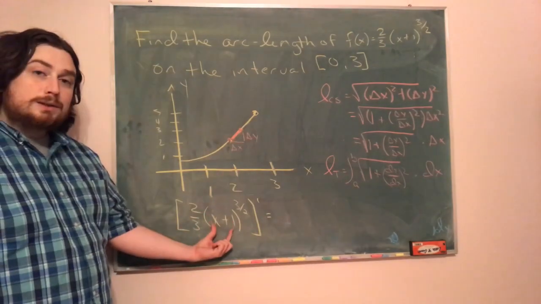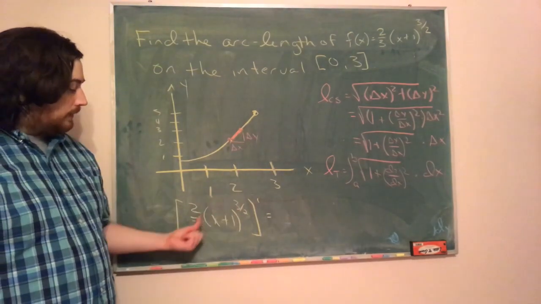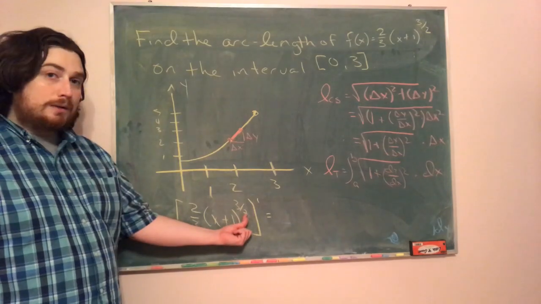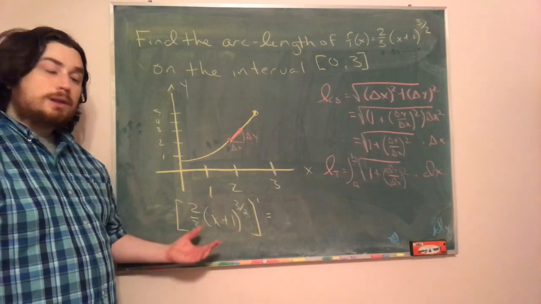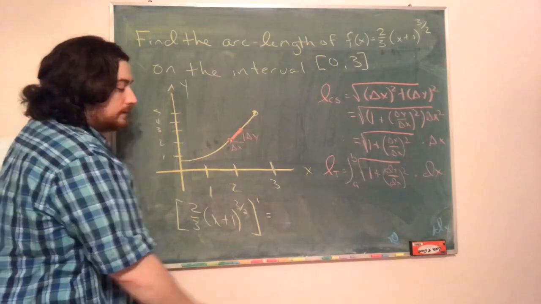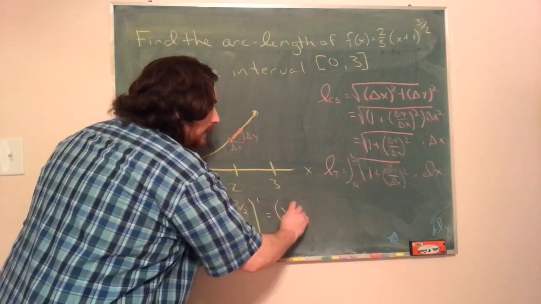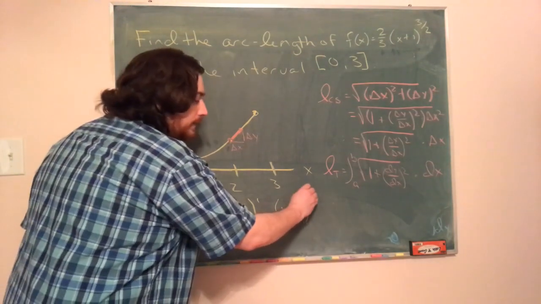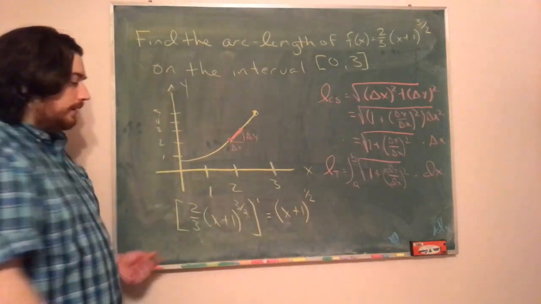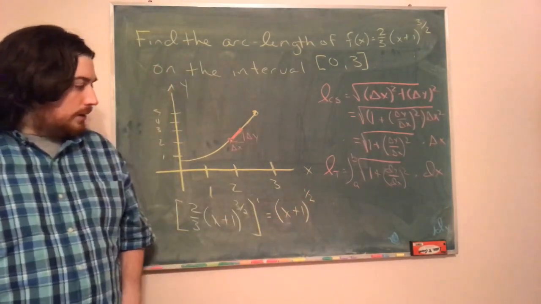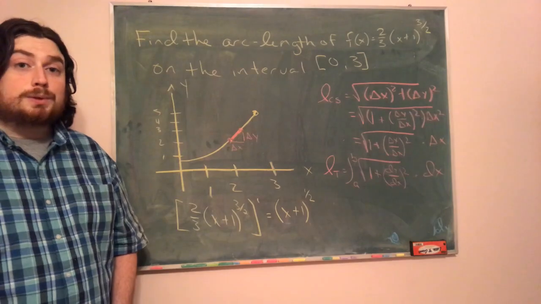My inside function is x plus 1. My outside function is 2/3 times something to the 3/2. So the derivative of the outside is 2/3 times 3/2, which is 1, times the inside to the 3/2 minus 1, which is 1/2, times the derivative of the inside, which is 1. So my dy/dx is just (x plus 1) to the 1/2.